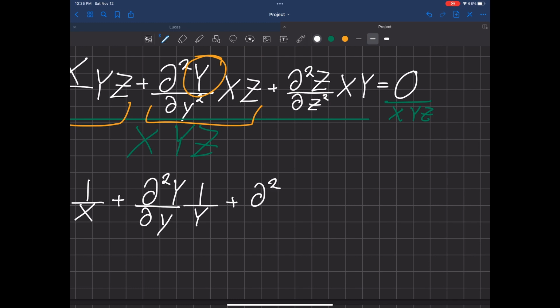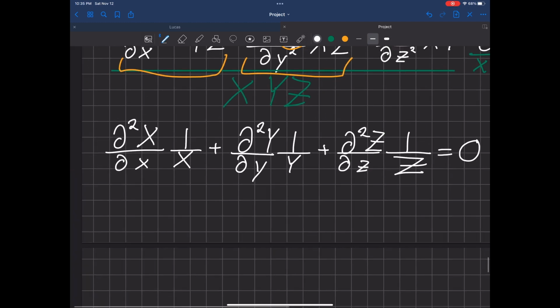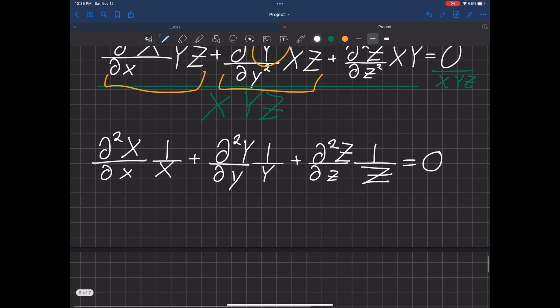Plus the second derivative of the Z function with respect to little z. Kind of hard to tell the difference, but I draw them small so you can navigate. 1 over big Z, all equal to 0. Okay, this is where, for separation of variables, we've checked the box, we've done it, we figured it out.